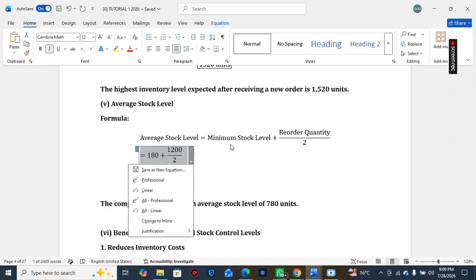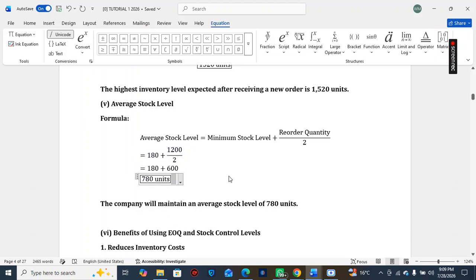Reorder quantity, 1,200 units. 1,200 divided by 2 is 600. 600 plus 180 is 780 units. This is the average stock level.